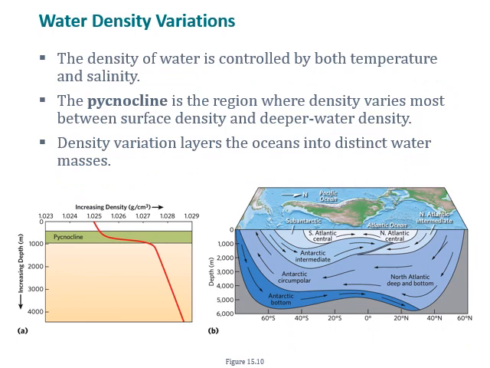Temperature and salinity both control something called density, and if you take their combination, you can create this thing called the pycnocline, and that's the region where density varies most between surface density and deeper water density. So you see the pycnocline is also less than 1,000 meters depth. The important thing here is that the density differences create this sort of layering in the ocean into distinct water masses.